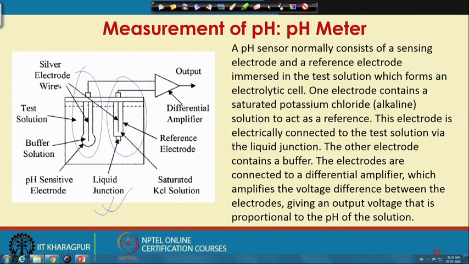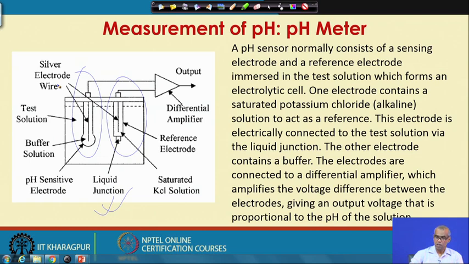A pH sensor normally consists of a sensing electrode and a reference electrode immersed in the test solution, which forms an electrolytic cell. One electrode contains a saturated potassium chloride or alkaline solution to act as a reference. This electrode is electrically connected to the test solution via the liquid junction. The other electrode contains a buffer.